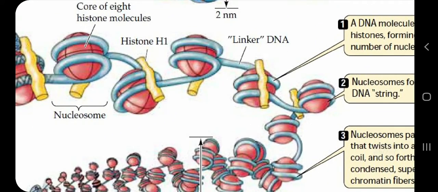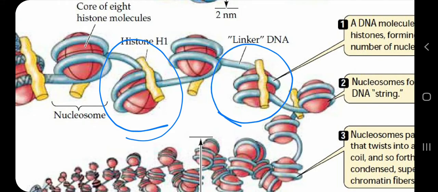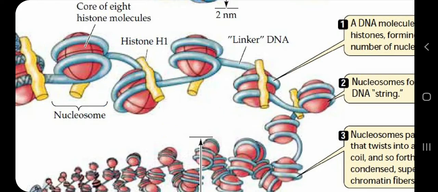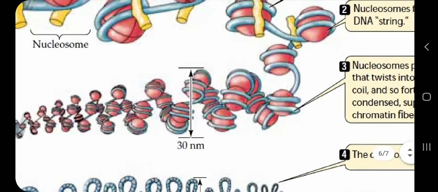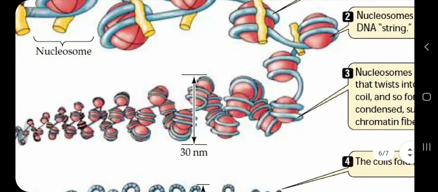When this H1 sticks or attaches, you can see the attachment here. When this H1 attaches to these octamers, this wrapping somewhat tilts, and because of that tilting, this type of structure happens. You can see the spiral behavior like this.